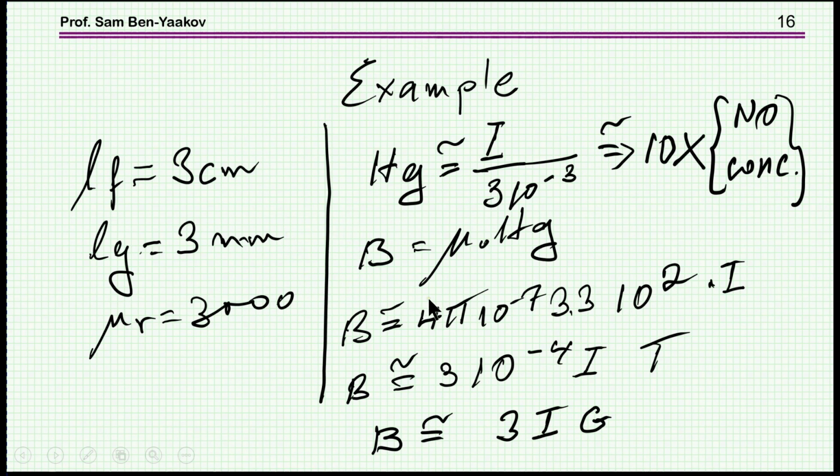In this case, B in the gap will be equal to mu 0 times this magnetic field value, times current, and it comes up to 3 times 10 to the minus 4 times the current in Tesla, or 3 times the current in Gauss. So this is the function of the concentrator: to increase the magnetic field in the volume where the Hall effect element is.